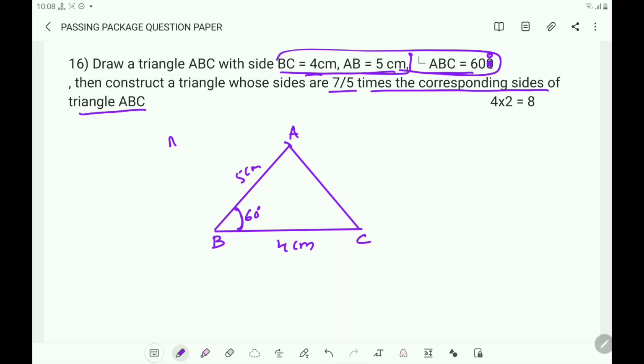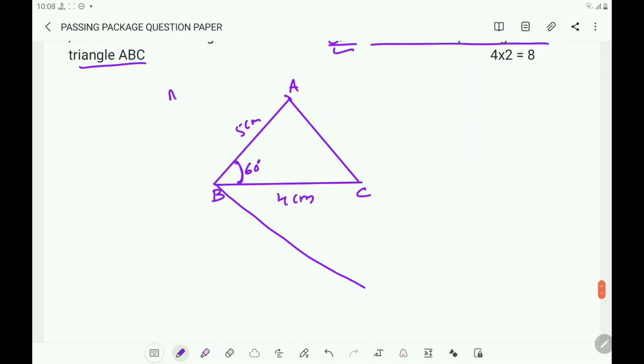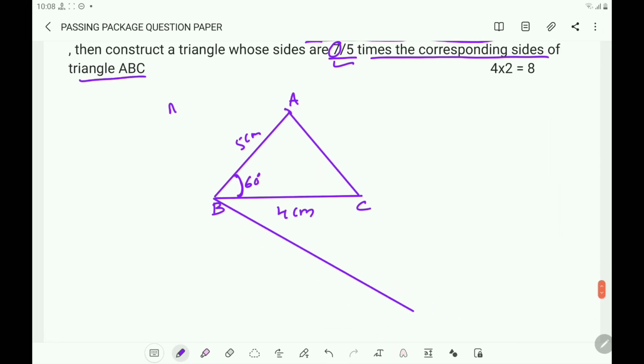And you construct the similar triangle to this triangle whose sides are 7 by 5 times the corresponding sides. So here 7 is the greatest, so construct an acute angle here and make 7 equal arcs.